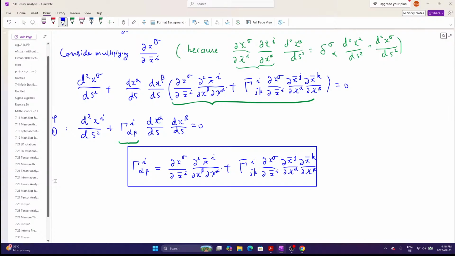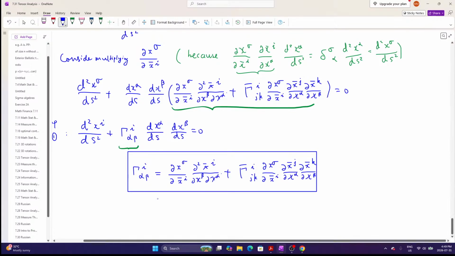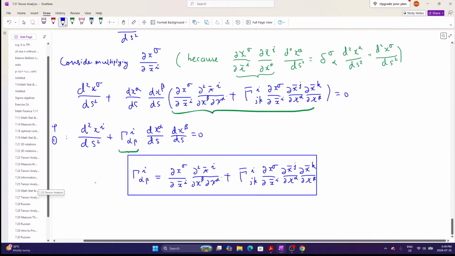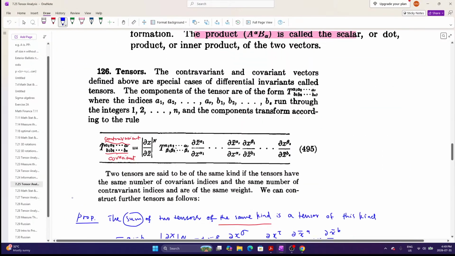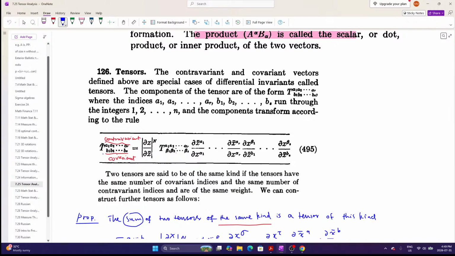So the final comment is that the Christoffel symbols are not components of a tensor, so a Christoffel symbol might be 0 in one coordinate system, but not in all coordinate systems. This is a different feature compared to tensors. If a tensor is identically 0 in one coordinate system, it must be identically 0 in all coordinate systems.